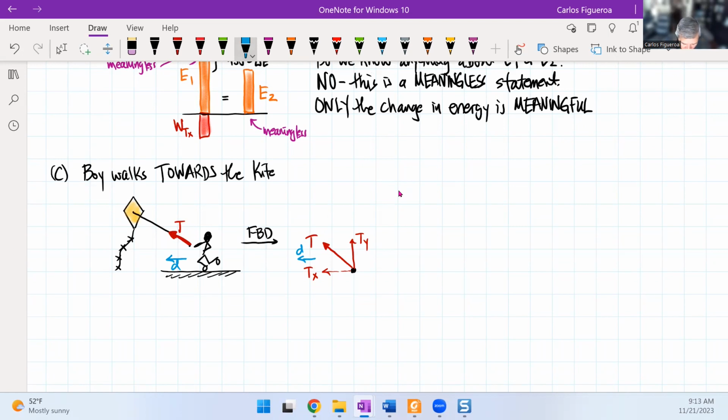And because it's changed directions, you can see here that now there is positive work by Tx.